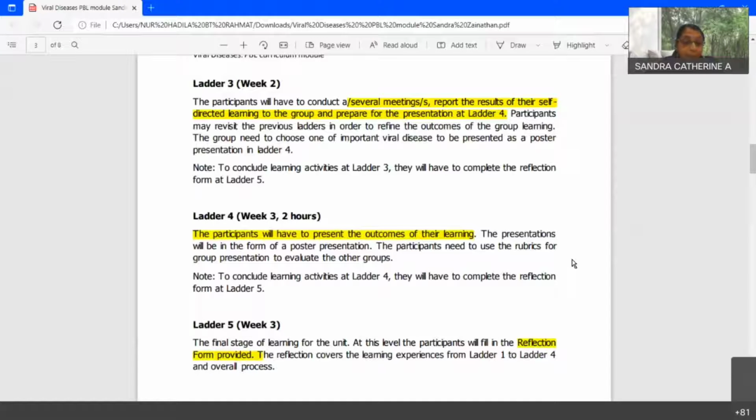So week 3 is where we would have the presentation, for example, a poster presentation. After the presentation, you can also give a rubric. That means they evaluate each other, a rubric for group presentation. So each group will evaluate all the other groups.